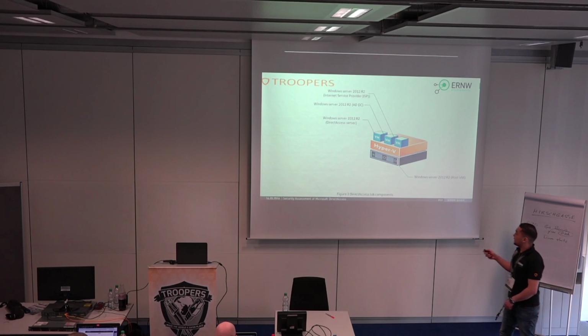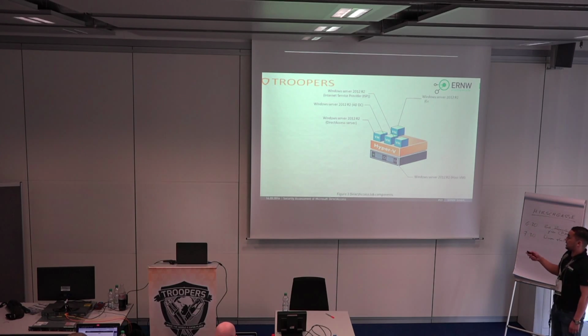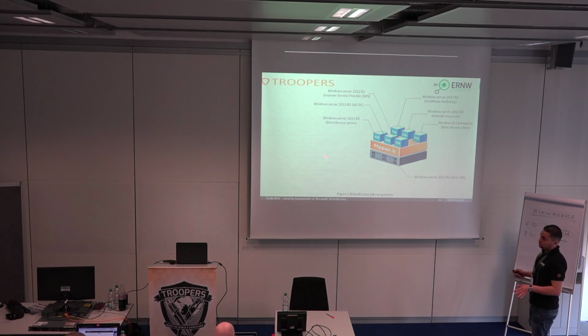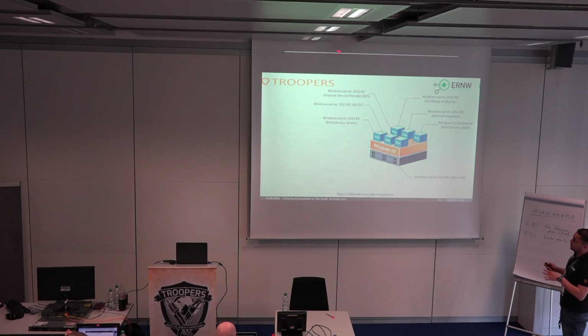The hypervisor hosts all the virtual machines that are running on the CoreNet side, and I also have an internet subnet inside the hypervisor itself, because I didn't want my lab environment to be accessible from the internet.